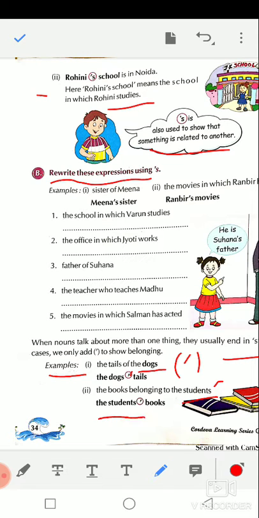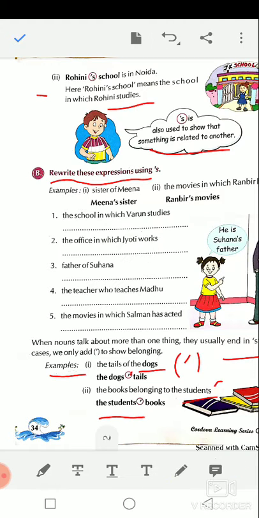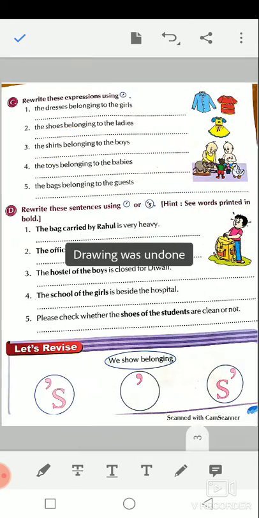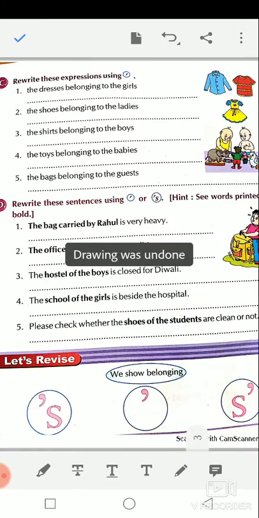Like when we are talking about students, this is plural and we add an apostrophe after that. Not apostrophe S, the students' books. Now see these examples.